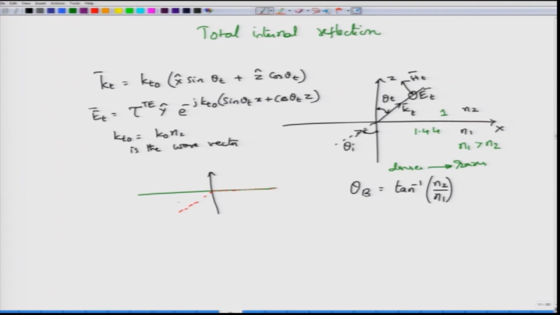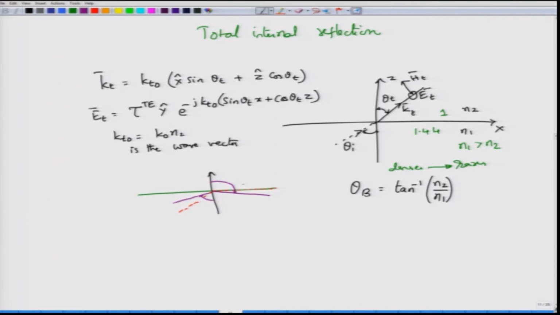When you increase the angle of incidence beyond this critical angle, we have observed from experience that there will be a reversal of the wave. The transmitted wave gets reflected back into the first medium, it will not go into the second medium at all.